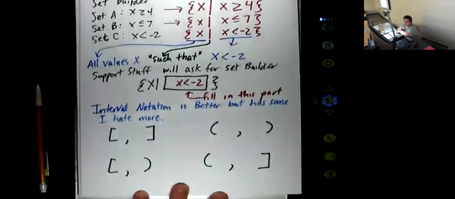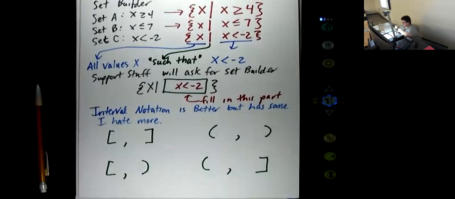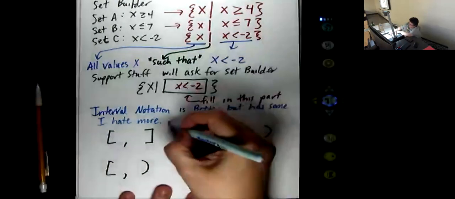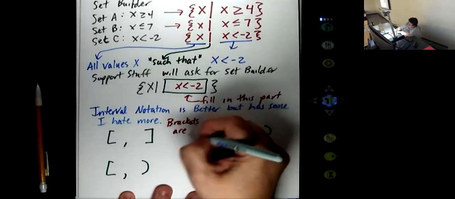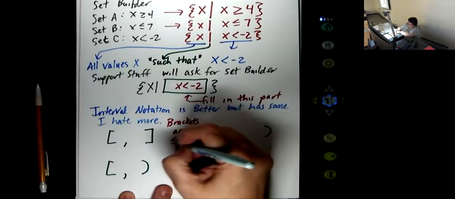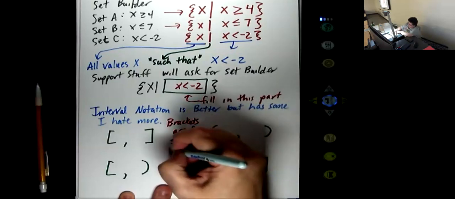Those are our 4 combinations. The way you choose whether or not you use brackets: brackets are for less than or equal to or greater than or equal to only.